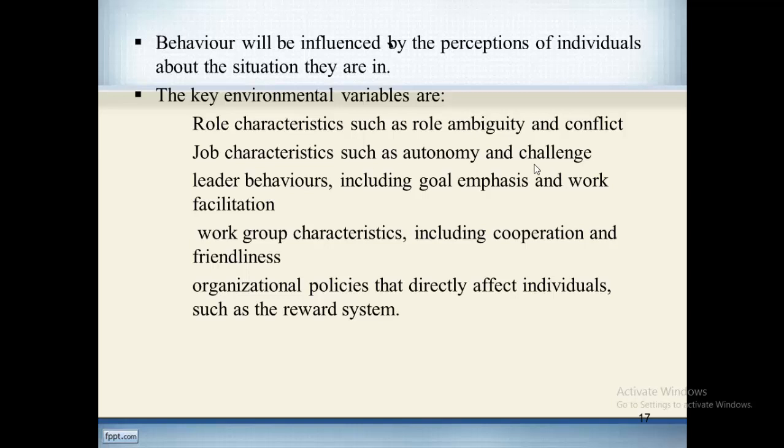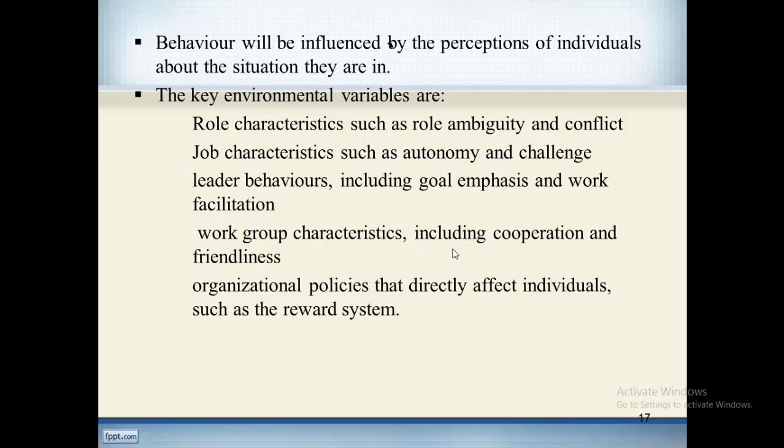Similarly, what is the behavior of the management, whether the leader just believes in goal emphasis, or he also has work facilitation. He facilitates the employees. If the management facilitates the employee, then the output will be better.